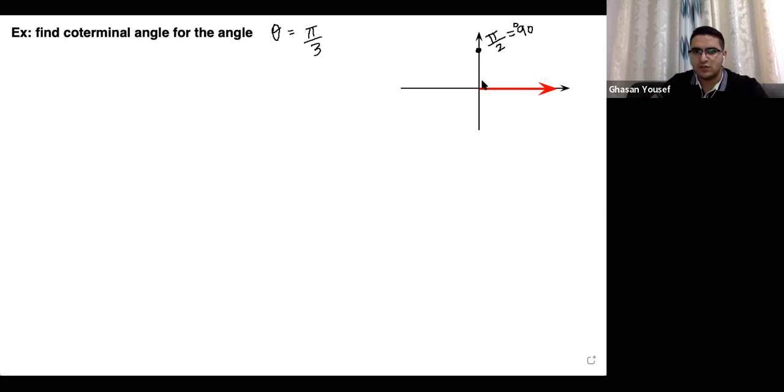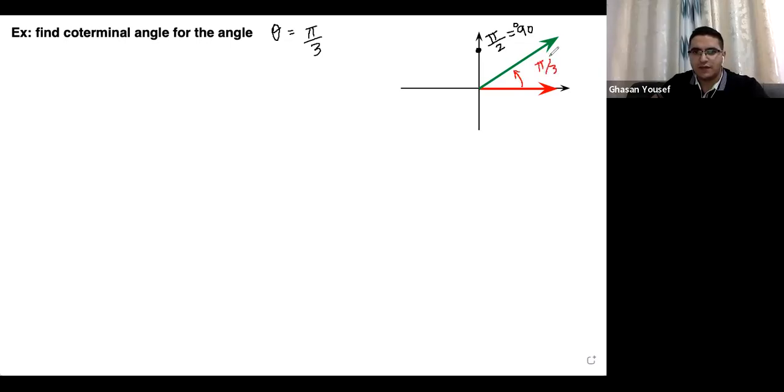So here is the angle pi over 3. Now my question is, find a coterminal angle to this angle. How can I find a coterminal angle to pi over 3?